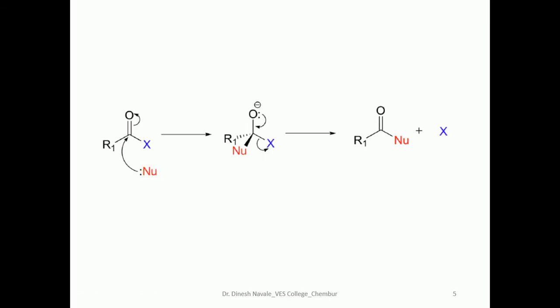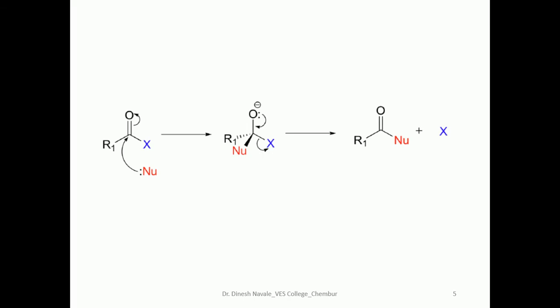As we are already aware, in the carbonyl group the oxygen is more electronegative. So the majority of the electron density of the carbon-oxygen bond is shifted toward the oxygen, which makes the carbonyl carbon a more electron deficient center, and any nucleophile, an electron rich system, will attack that carbonyl carbon.